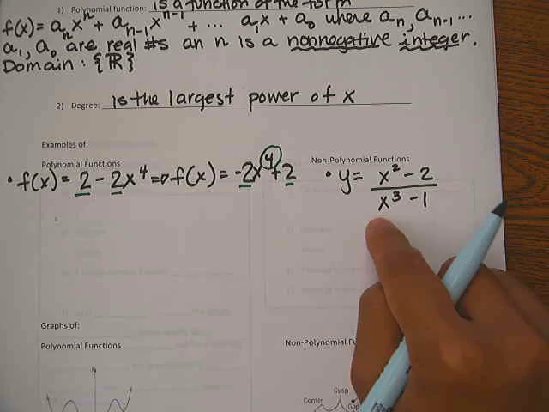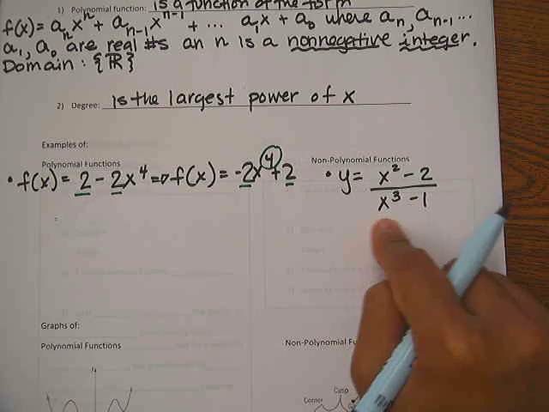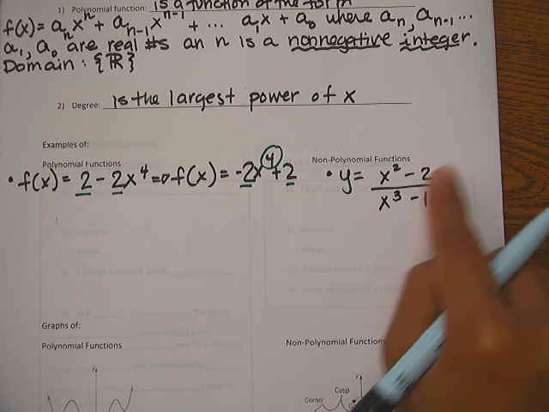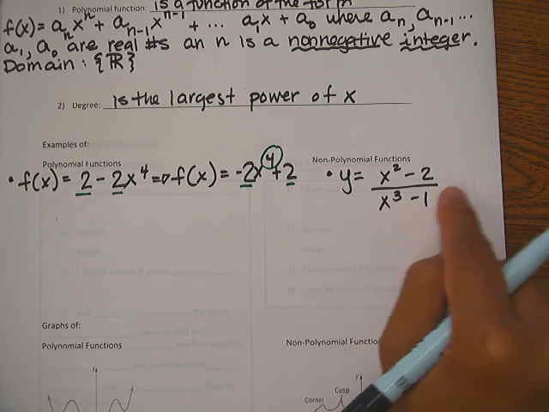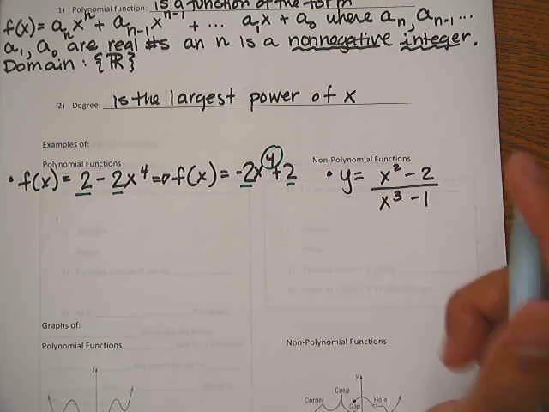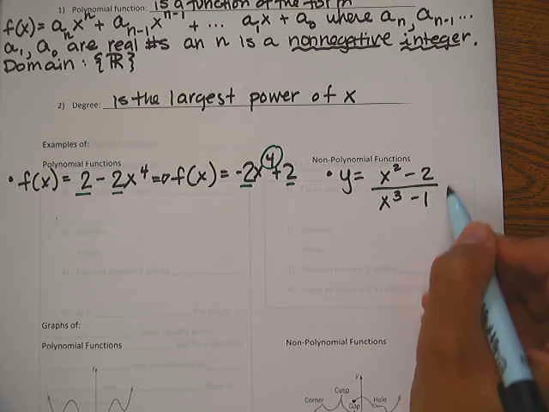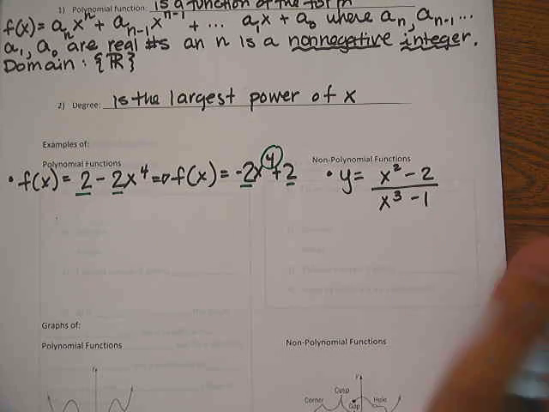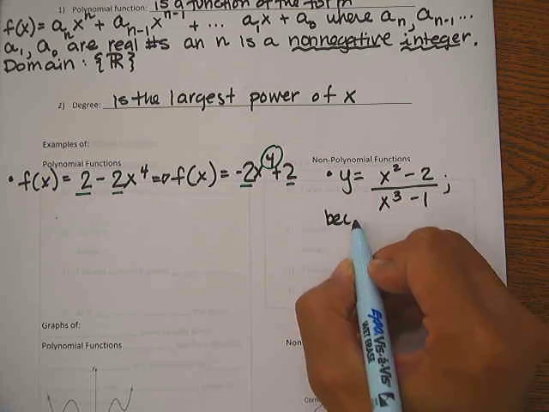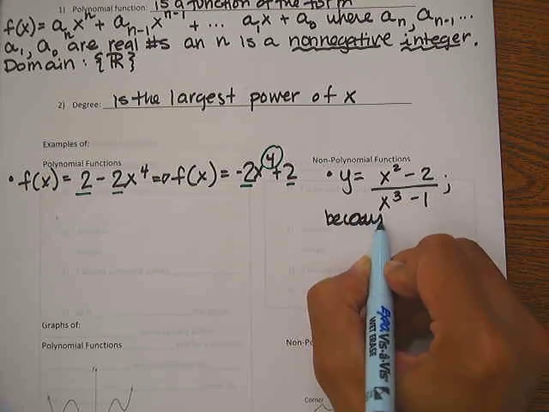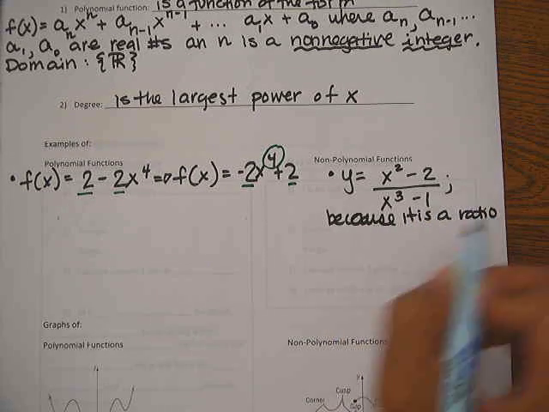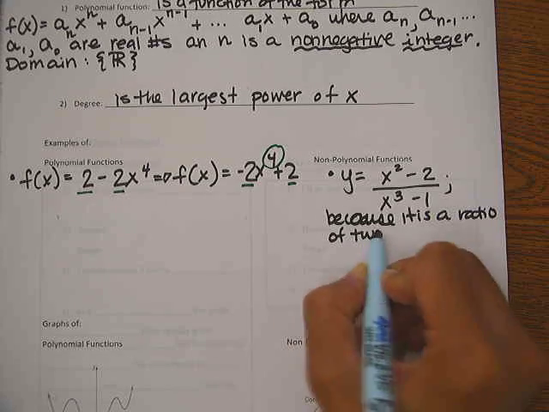So any power that you have on the bottom and you want to write on the top, would you agree that you make it its opposite, which is negative? So right away, the power is not non-negative. In addition, it is a ratio of two polynomials.